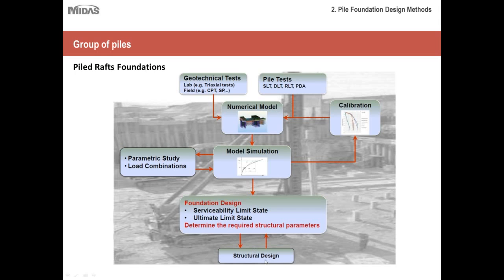So the structural engineers can then suggest an alternate, which geotechnical engineers must be able to put back into the numerical model and confirm the finding. So there exists a back and forth between the geotechnical engineers and structural engineers for the design of piles.